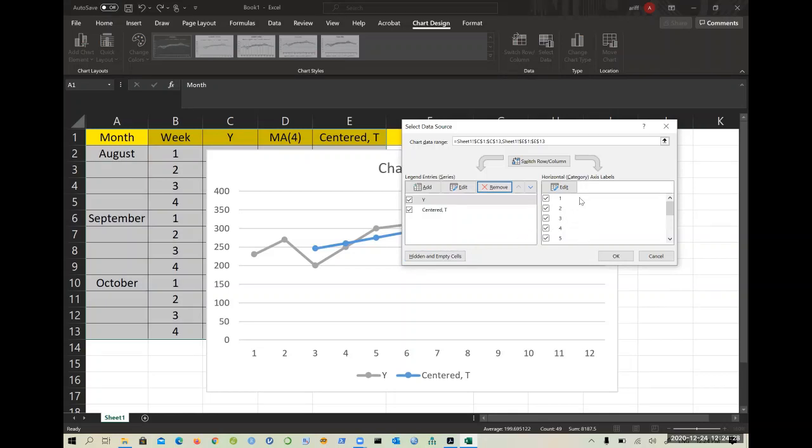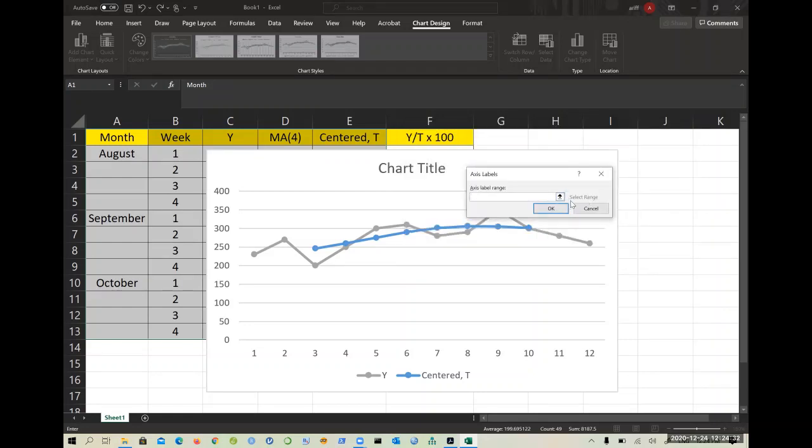And then for this one, I need the axis label. So this should be this one.